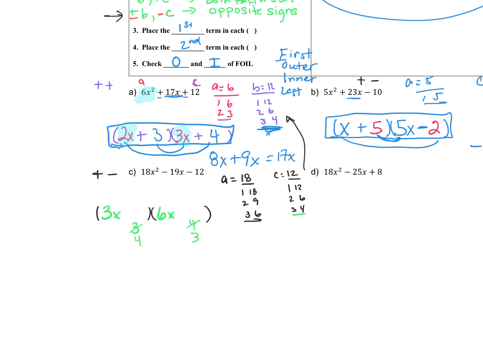All right, so let me erase this part. Let me go to the next one. I don't want to get rid of the actual whole, 3x, 6x, because one didn't work. I'm going to look at which one I want to use. So I'm going to try 2 and 6. Okay, so does the 2 and 6 work? Well, let's see.